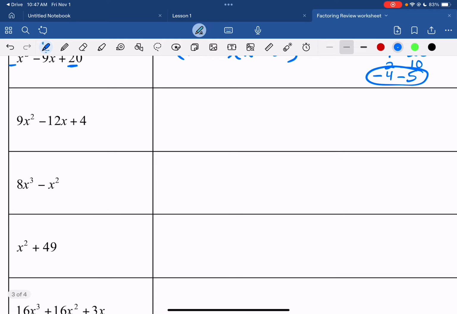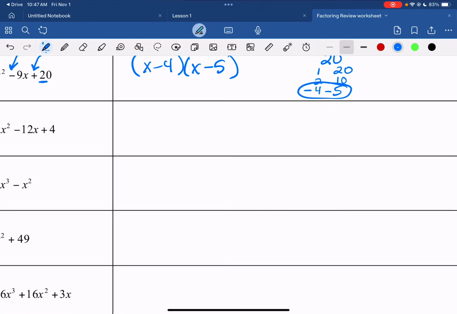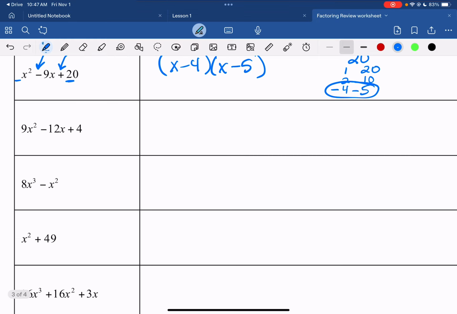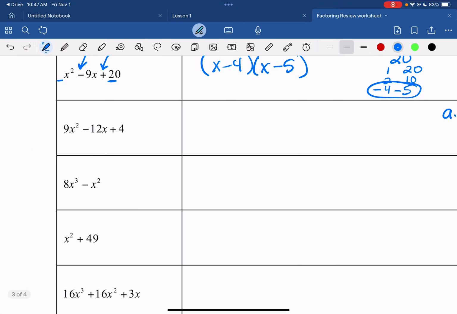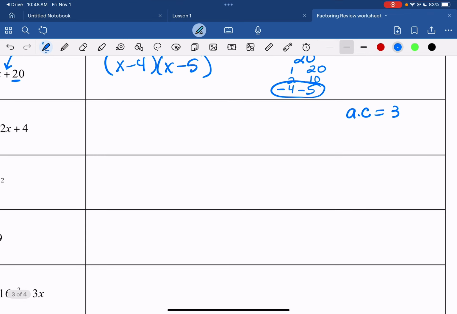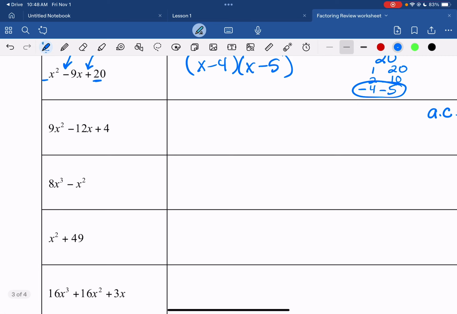9x squared minus 12x plus 4. This will be the last one on this film, and then we'll keep going with the next one. This is an a that has a value greater than 1. So my a times c is going to equal 9 times 4, which is 36. So I'm going to rewrite this as x squared minus 12x plus 36.